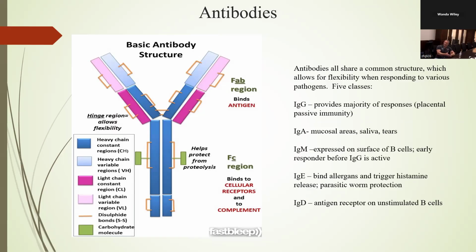When we look at the kind of protection that pregnant mothers provide to their children through placental immunity, it's going to be IgG. And then we have some other things such as IgD and IgM that also are present. They're not present in as high of levels, but we've got these 5 classes of antibodies to help give us some broad general protection against a variety of pathogens.